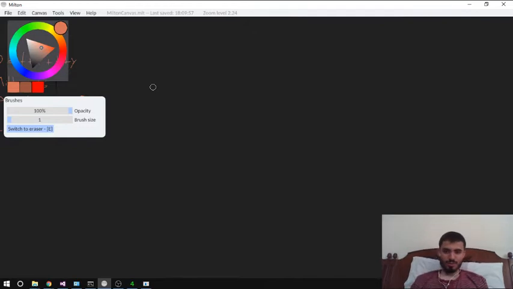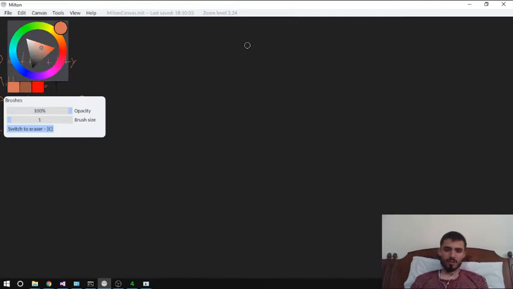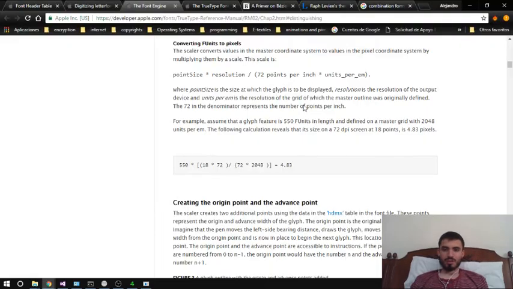So we're just trying to understand this thing, DPI. What I see of this equation is that we have a point size, and we got its ratio across the points per inch.